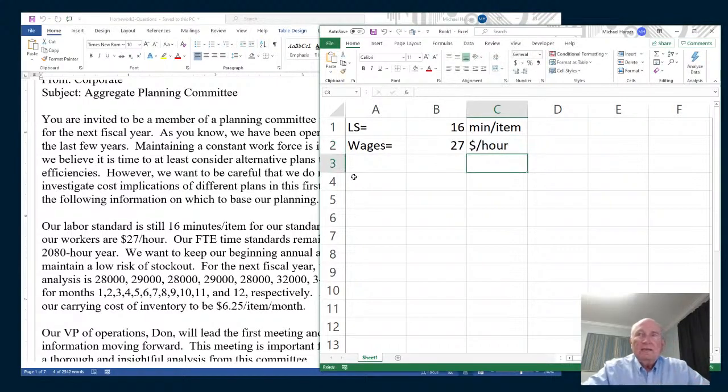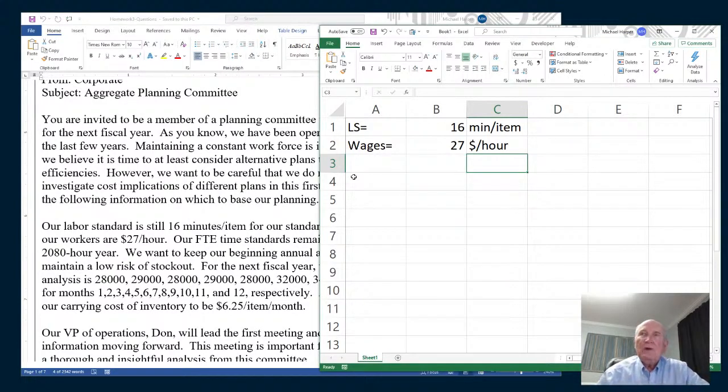Now, what we're going to be doing in here is getting the direct labor cost, which I mentioned in class. But for our wages, we don't want dollars per hour. We want dollars per item.